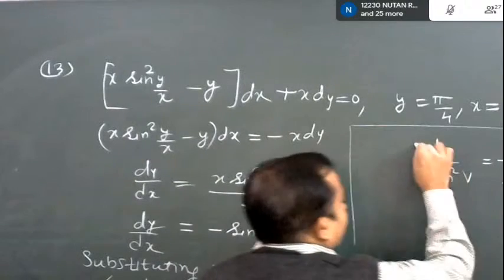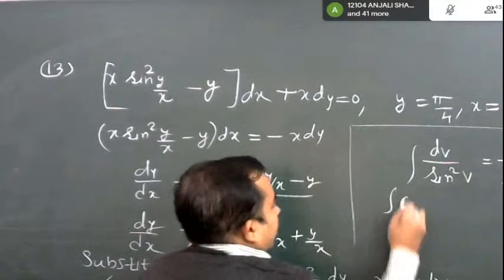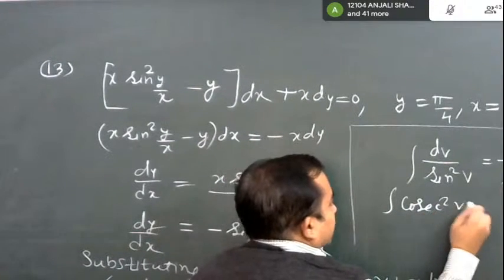So easy to solve. 1 upon sin square v, how to integrate, students? Yes, cosec square v, correct, cosec square v dv. Then integral cosec square v is how much?